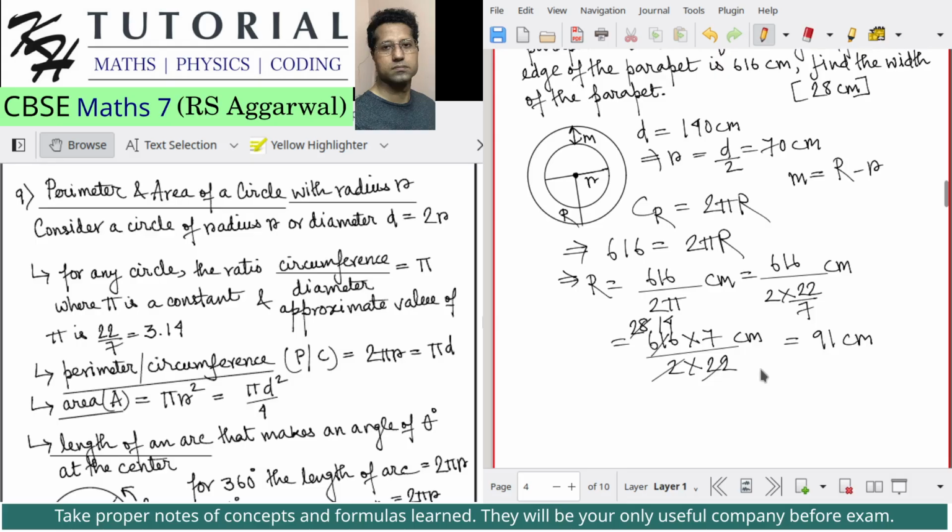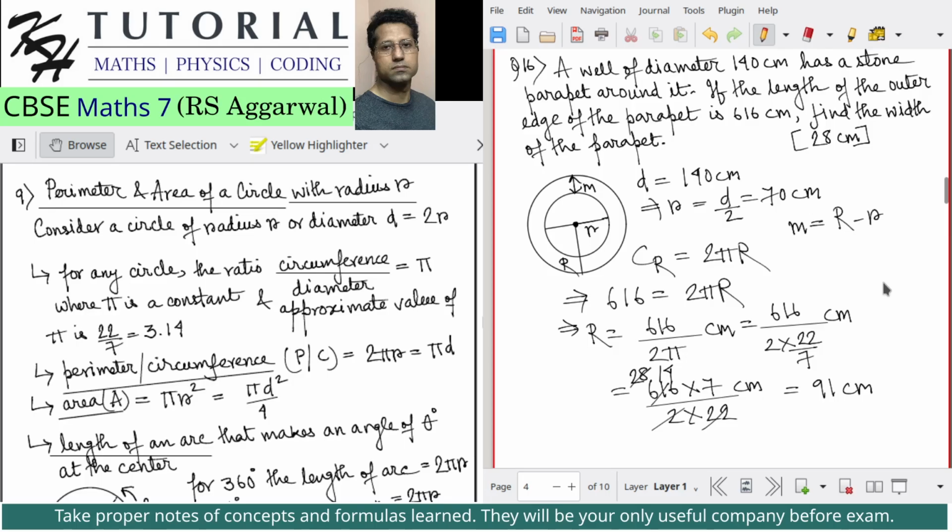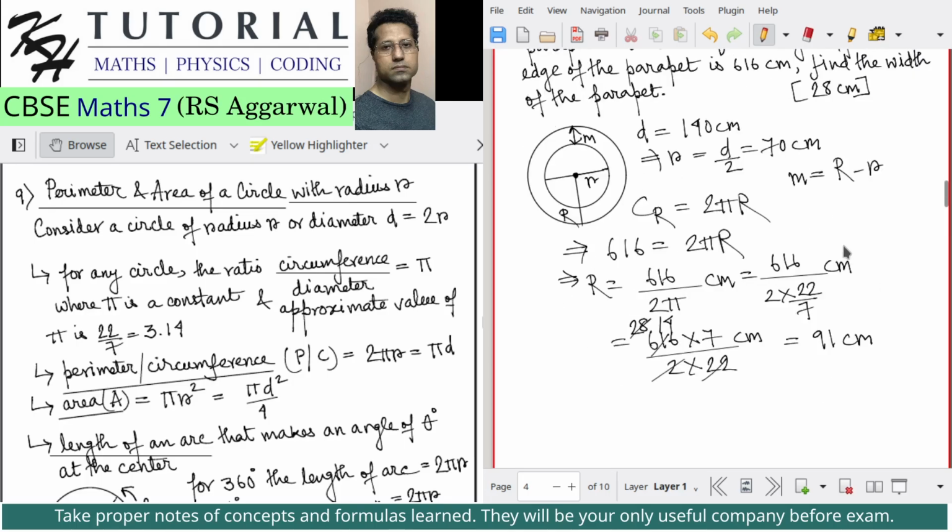That is the radius of the outer edge of the parapet. So obviously now the width, small m, is nothing but capital R minus small r. So this is equal to 91 minus 70 centimeter, which is equal to 21 centimeter.